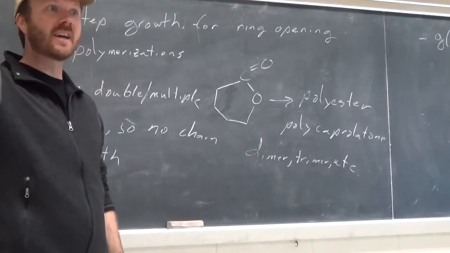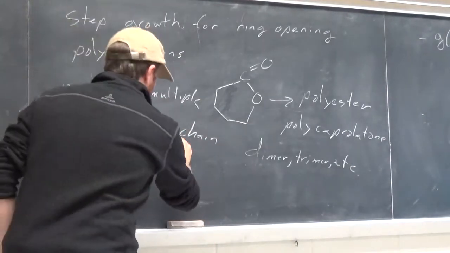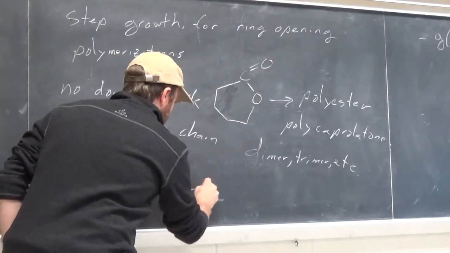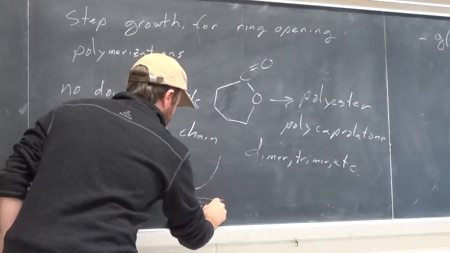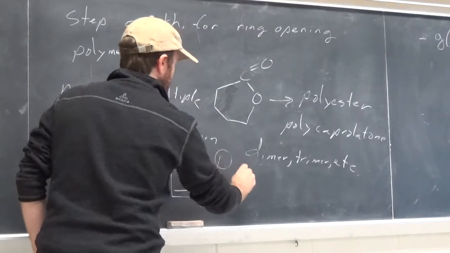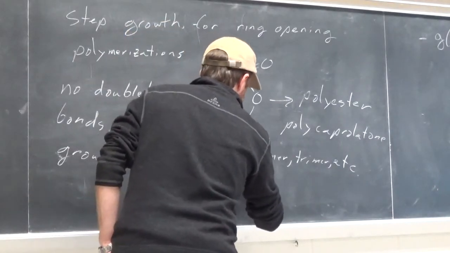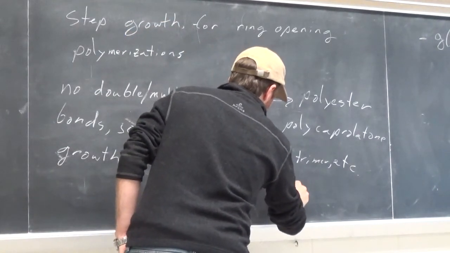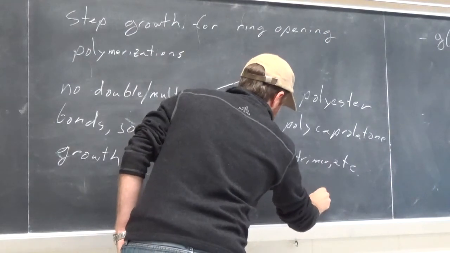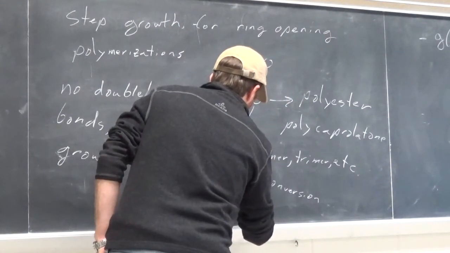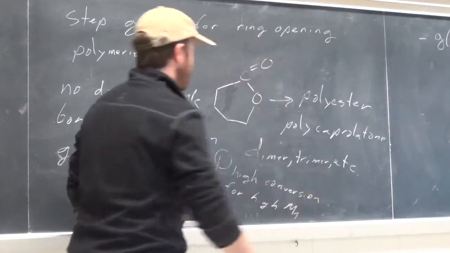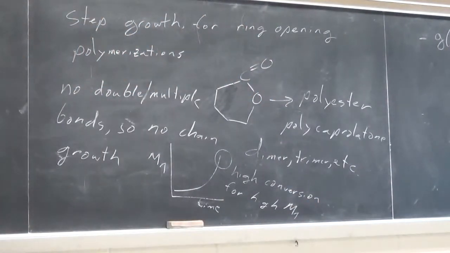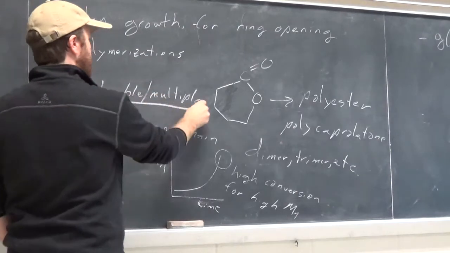We need to get to high conversion in order to get high molecular weight. So we have Mn as a function of time. And so we need high conversion for high Mn. And so the key here is really the no double or multiple bonds.